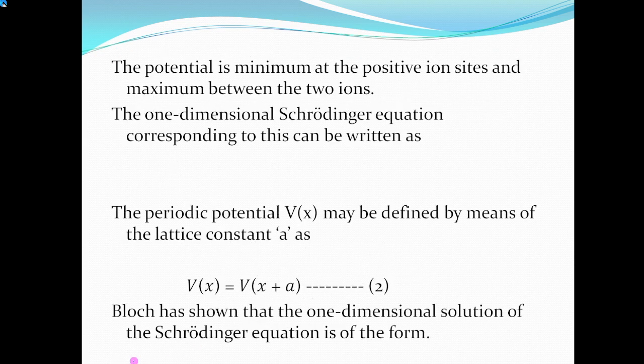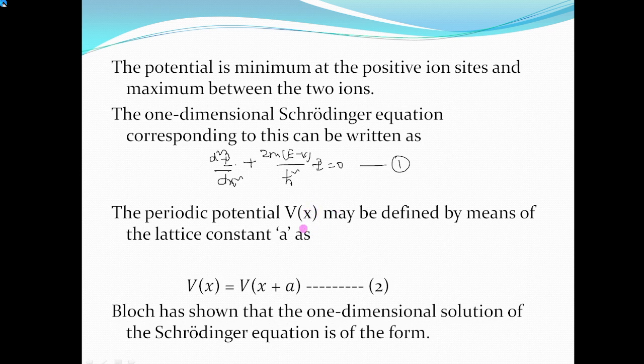Now, what is the Schrodinger one-dimensional time-independent wave equation? It can be written as d square psi by dx square plus 2m into E minus V by h cross square psi is equal to 0. This is equation number 1.